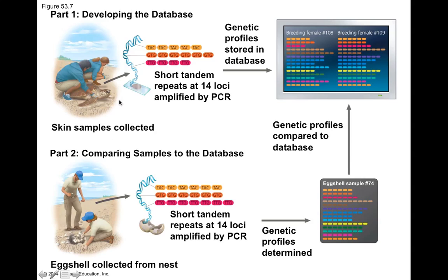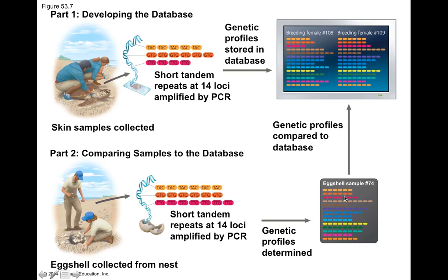And you can use those data from comparing these different females to look at parentage in the egg. So if you collect an egg from the nest, you can see who is the mother by comparing these microsatellite loci. So here, for example, is the microsatellite profile from an egg shell.